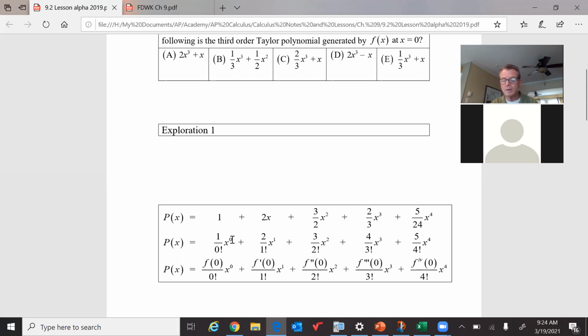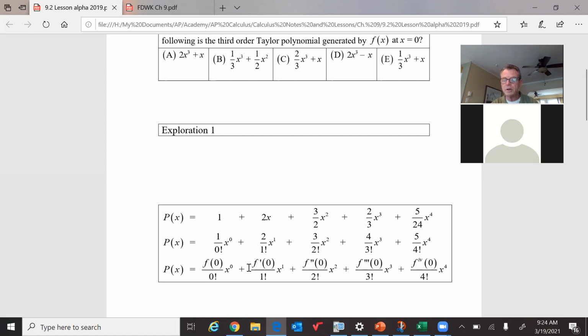Anything to the 0 power is 1. So this is 1 times x to the 0 plus 2 times x to the first, 3 times x squared, 4 times x cubed, 5 times x to the fourth in the numerators. In the denominator, well, 0 factorial by definition is 1. 1 factorial, 2 factorial, 3 factorial, 4 factorial.